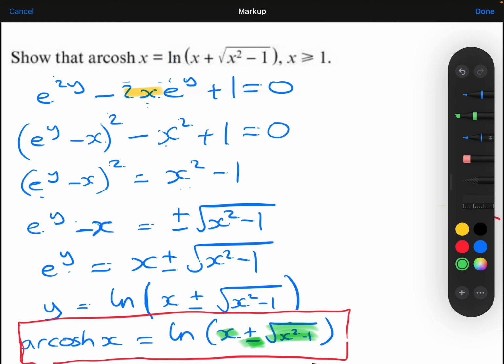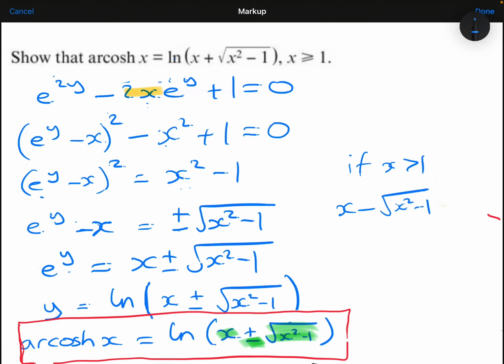Well, if x is greater than 1, then that is always going to be less than 1. If x is greater than 1, then x minus the square root of x squared minus 1 is going to be less than 1.